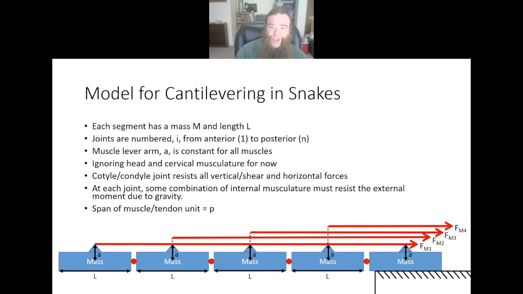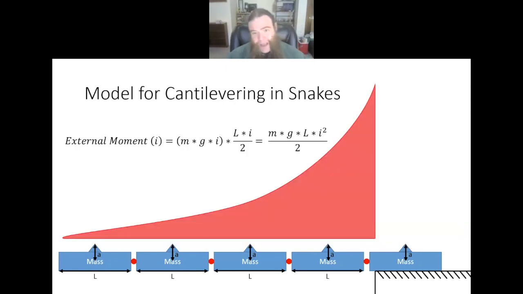We're going to use P as this generic variable for how many joints does a muscle span, regardless of whether it's purely muscular or purely tendon. For now, we're going to stick with purely muscle. So, external moment is actually fairly simple. Anyone who's done beam cantilevering is familiar with this.